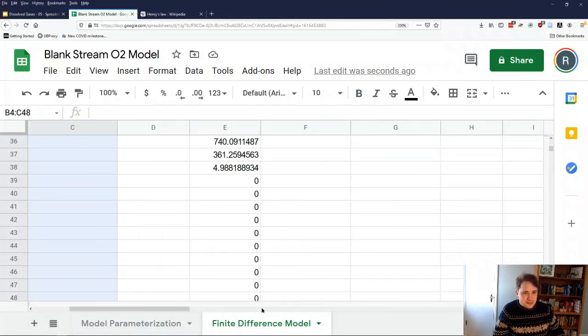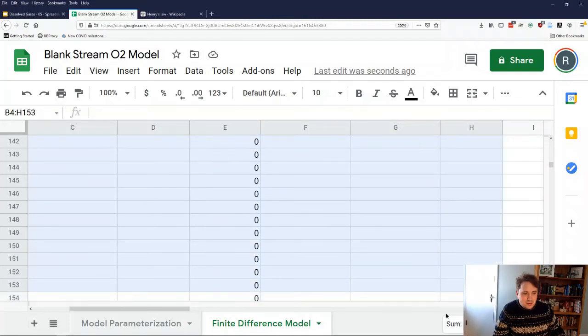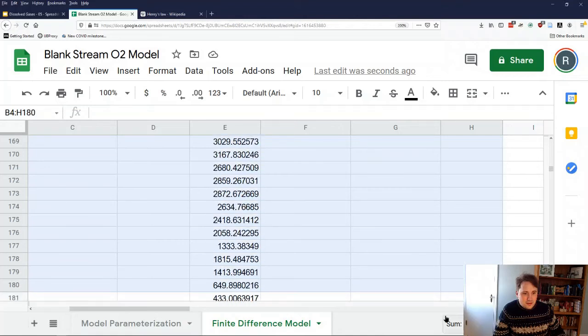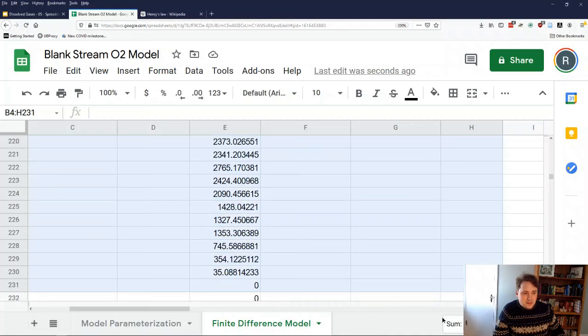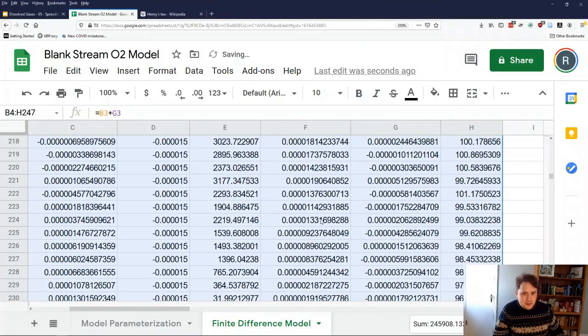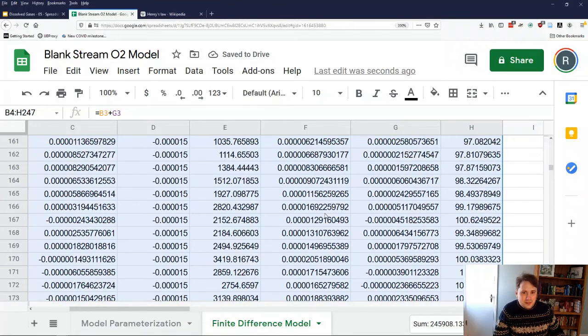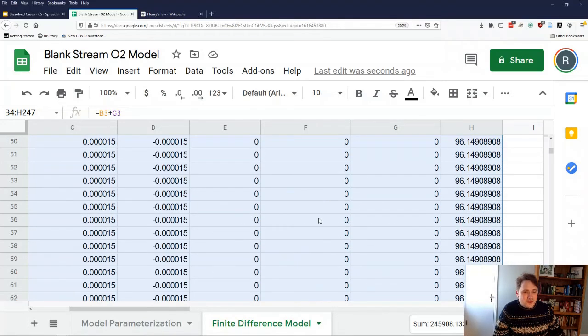Oh God, I'm so nervous. Copy and paste all this into there. And voila, we have a working photosynthesis model.